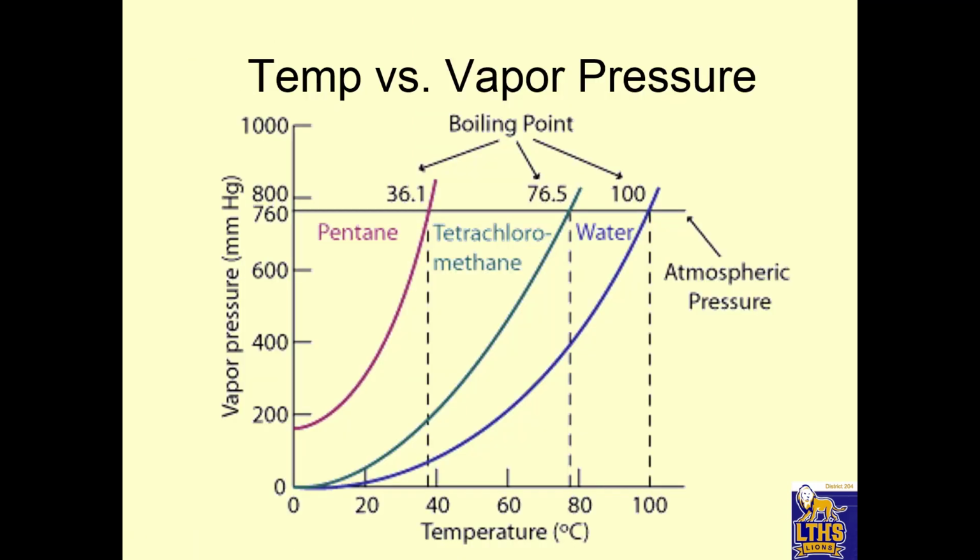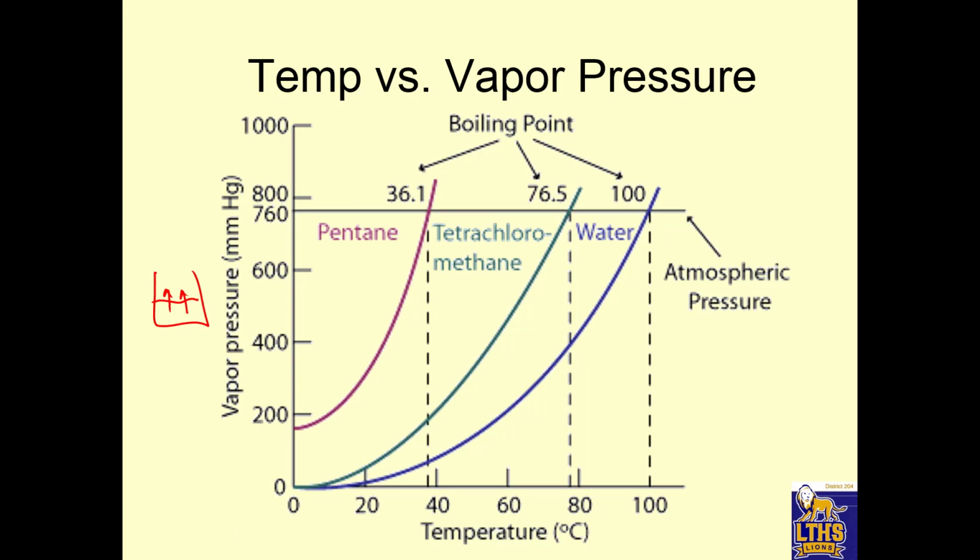You betcha we can. So here's the liquid pentane, the liquid tetrachloromethane, and the liquid water. Okay. This line represents the boiling point. So when the vapor pressure, that's, remember, the pressure coming off from the liquid that has turned into a gas, that's what this is. And this is the temperature.